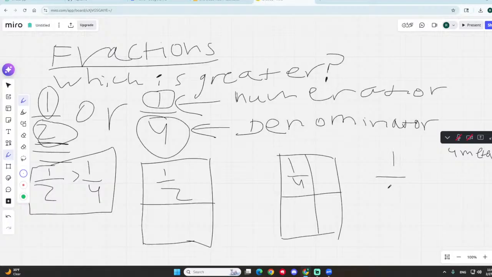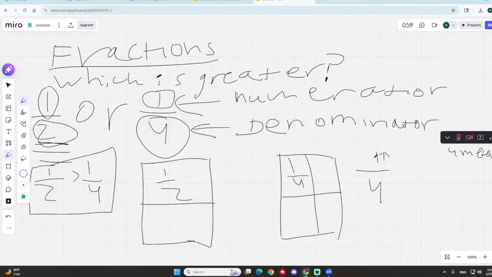Let's say you have 1/4. If the numerator goes up, that means the value of the fraction goes up. It becomes a greater fraction. If the denominator goes up, that means it becomes a lower value. So let's say we increase the numerator by 1.